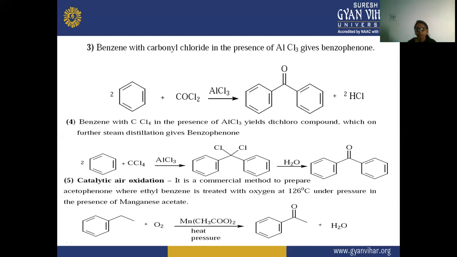Next is the catalytic air oxidation. It is a commercial method, an industrial method also, from which we can prepare acetophenone from ethyl benzene. You can see here ethyl benzene is oxidized by treating with oxygen at 126 degrees centigrade under pressure in the presence of manganese acetate.